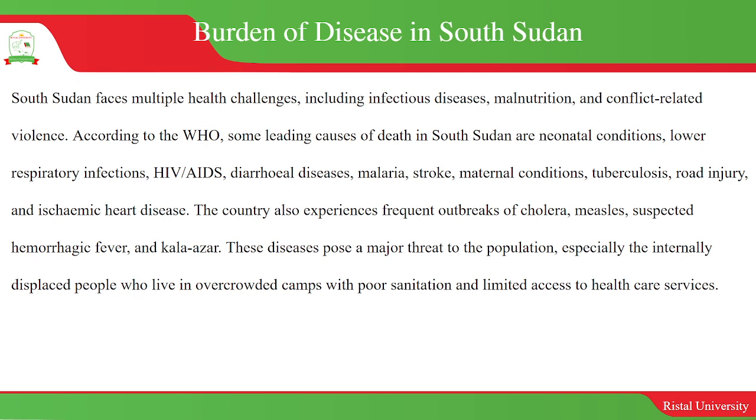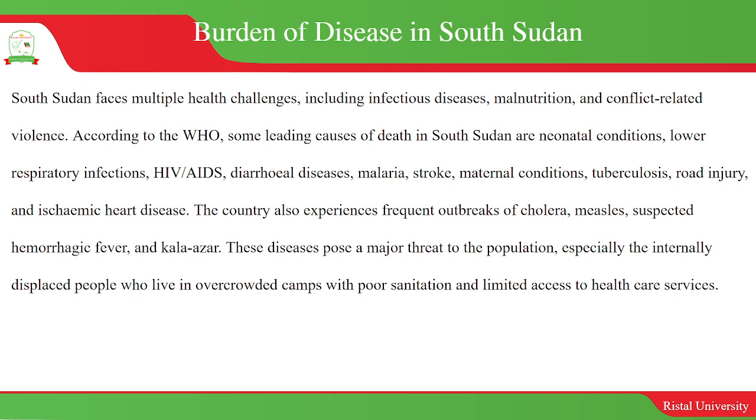So if we talk about burden of disease in South Sudan, if I ask you this question, I expect you to tell me numbers. I want numbers, and I repeat that. I want numbers in terms of mortality, numbers in terms of morbidity, numbers in terms of life expectancy.